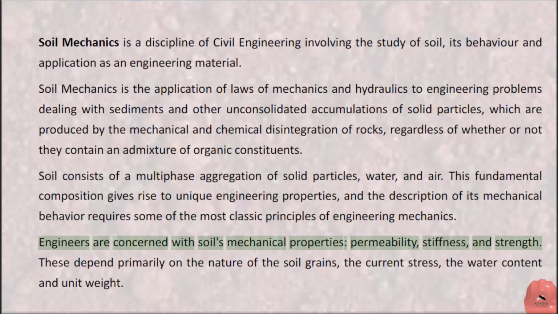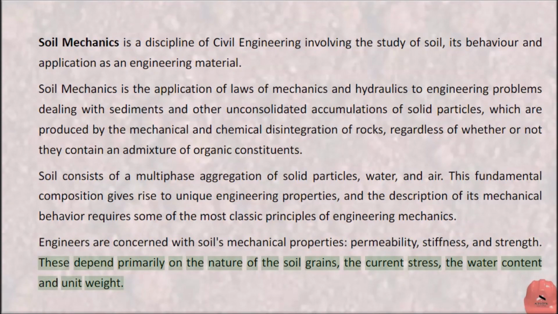Engineers are concerned with soil's mechanical properties: permeability, stiffness, and strength. These depend primarily on the nature of the soil grains, the current stress, the water content, and unit weight.